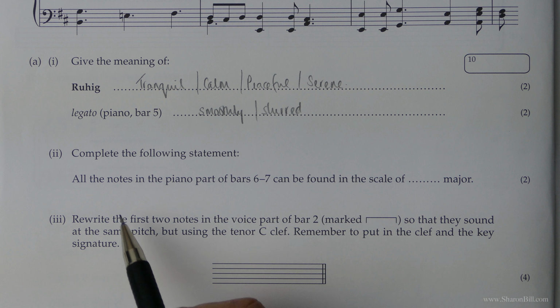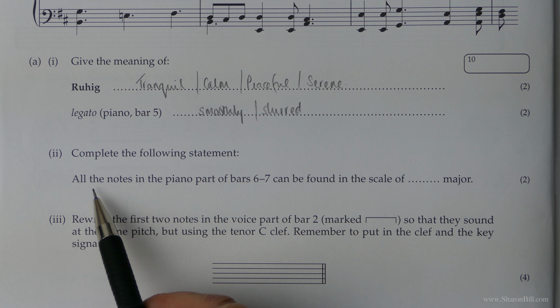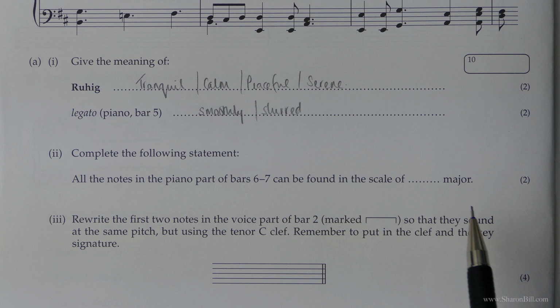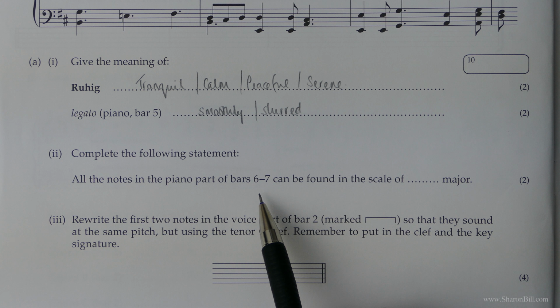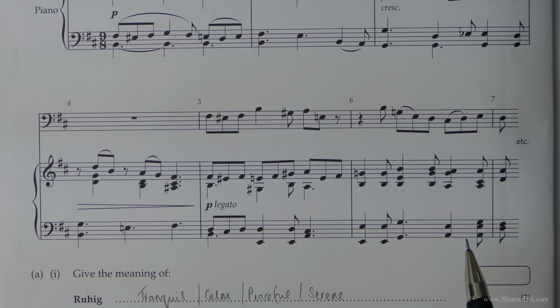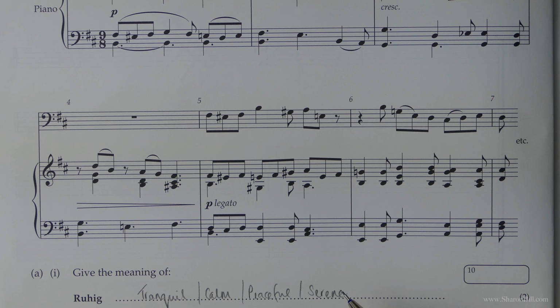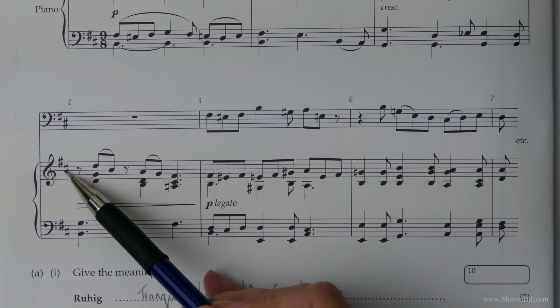So it's asking us to complete the following statement. All of the notes in the piano part of bar 6 to 7 can be found in the scale of what major? So we need to describe which key, which scale bar 6 to 7 are part of. So we have a key signature of 2 sharps.